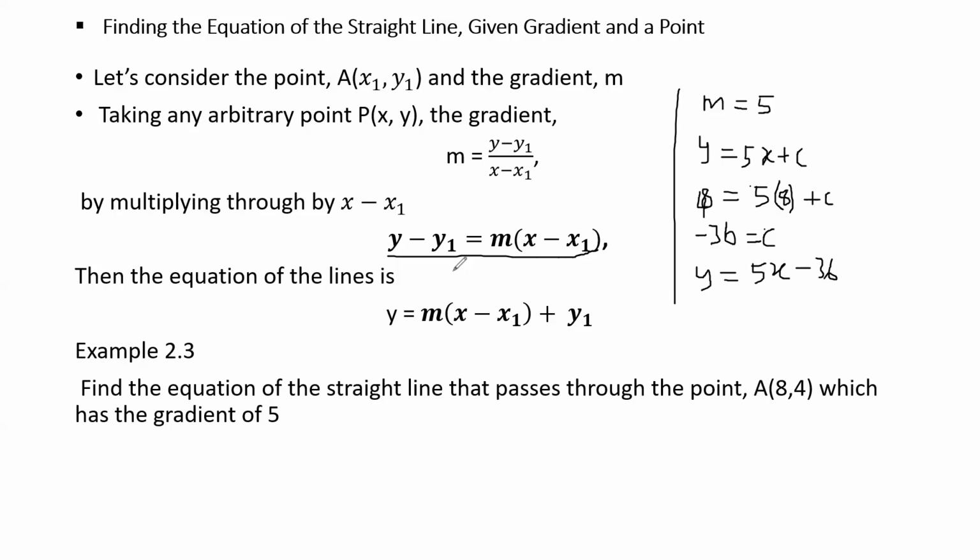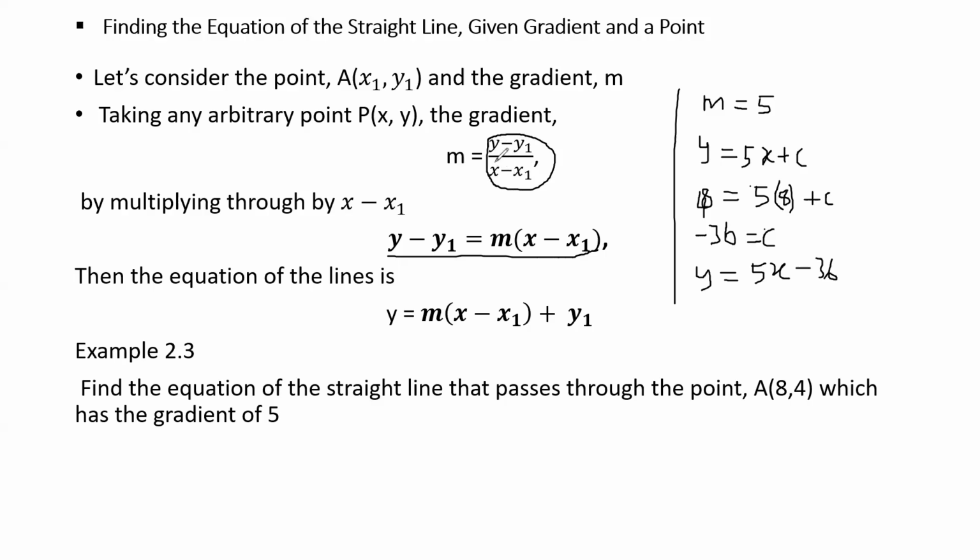The formula I just mentioned is the same formula, and I also had y equals 5x minus 36. This is the formula. Here you say y2 minus y1, but the arbitrary point now will be x and y.